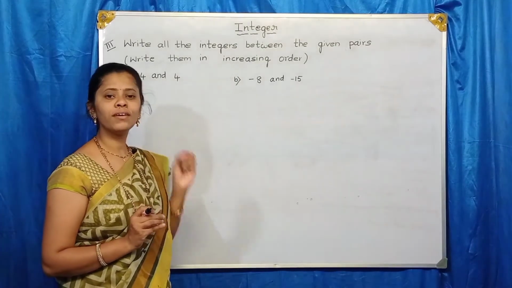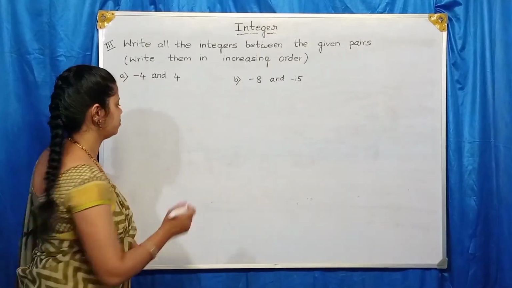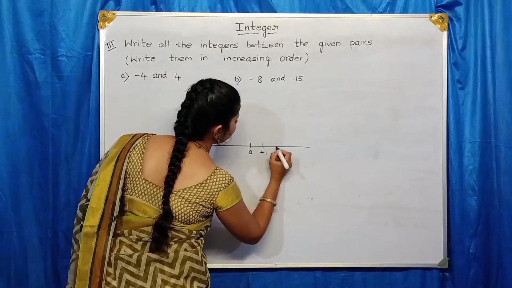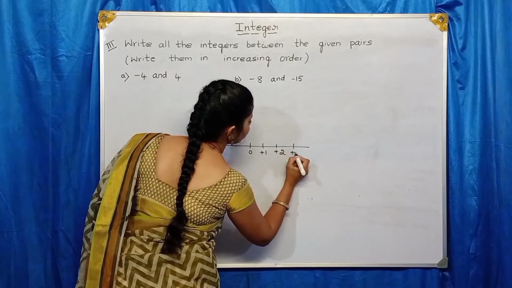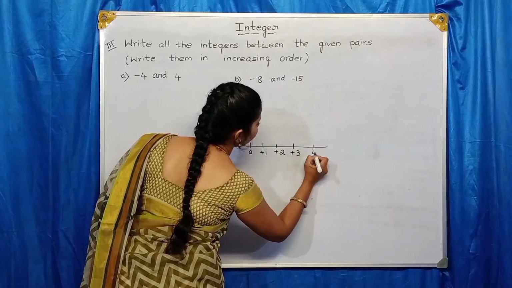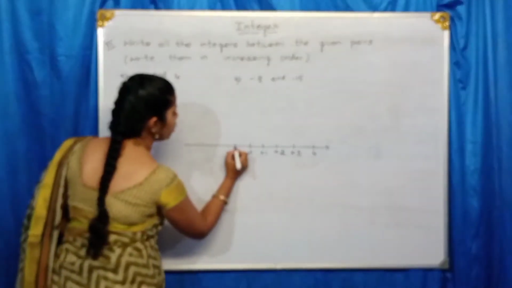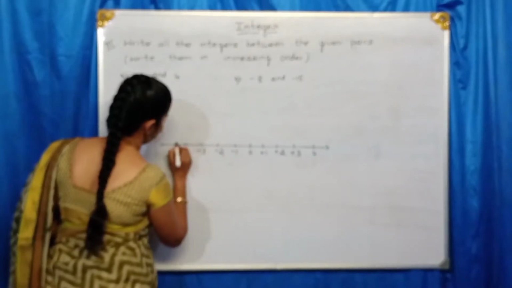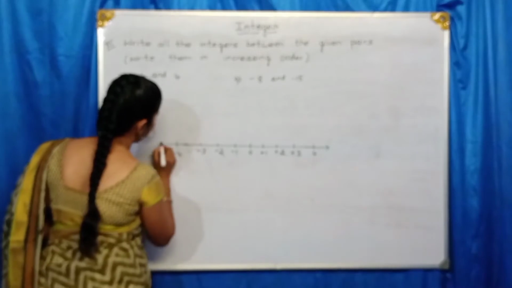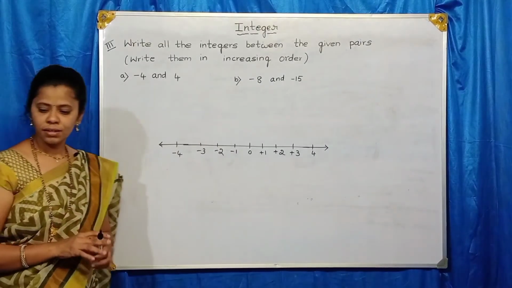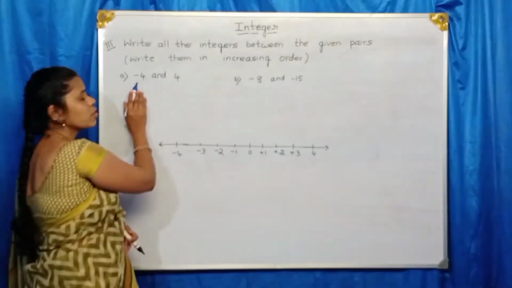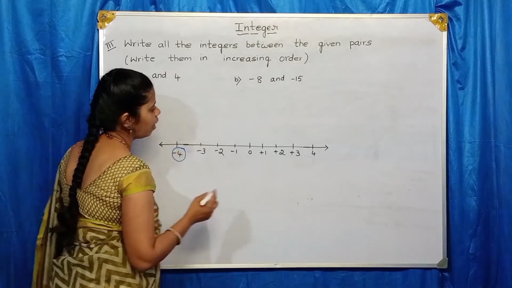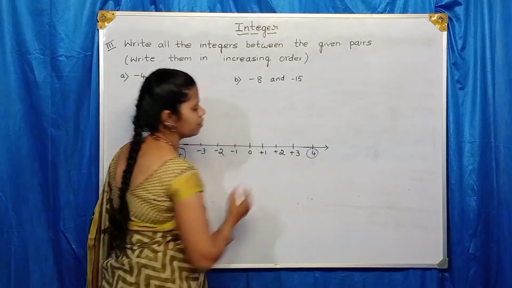To do this, roughly I will draw a number line. 0, +1, +2, +3 and +4 and so on. -1, -2, -3, -4 and so on. See here, they have given -4 and +4. -4 is here and +4 is here.